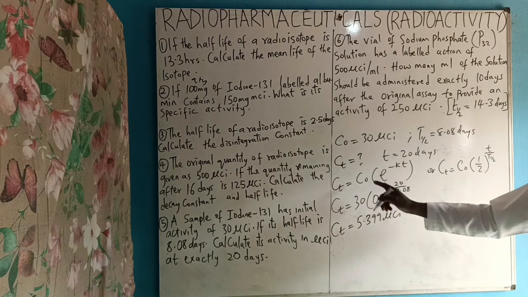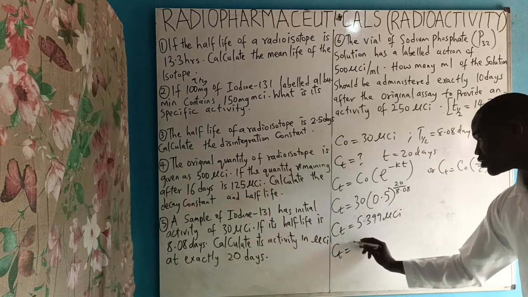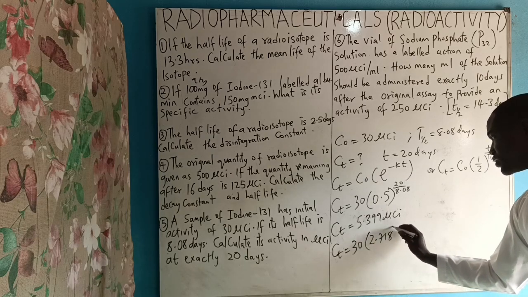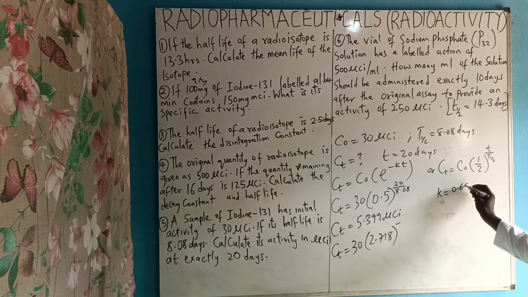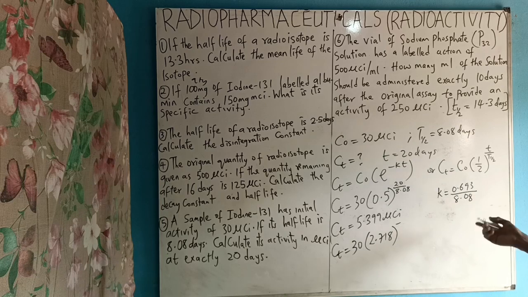Then if you are using this method, you tell them that your CT is equal to 30 bracket 2.718 raised to the power of minus your K. What is your K? 0.693 all over half-life, which is 8.08. Are you getting it?